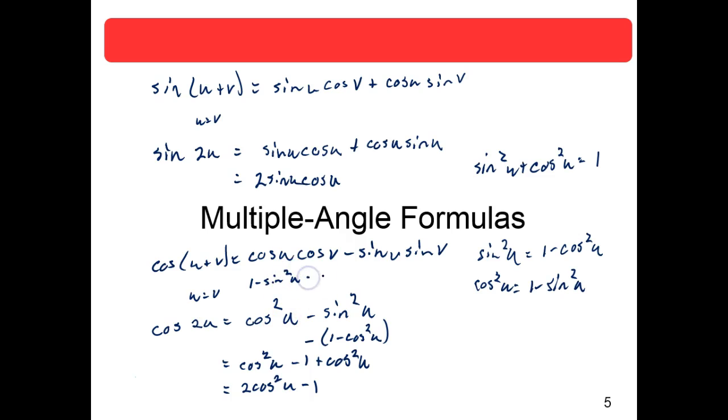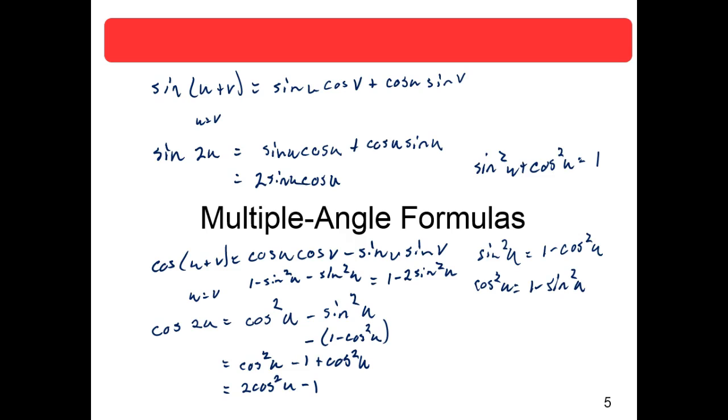Then we'll do a minus sine squared u. And guess what we get? 1 minus, there are 2 of them, aren't there? 2 sine squared u.